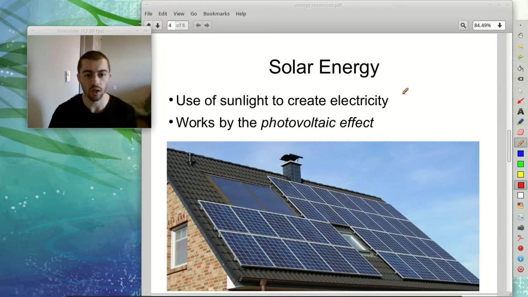Solar energy is energy that we produce from sunlight using these solar panels, which the effect here is called the photovoltaic effect, and basically it takes sunlight and in these panels, and they have certain types of materials, usually involving silicon, and the sunlight basically will create a current, and that's how we can get electricity. When the sunlight comes into these panels, it can bump some electrons and get them moving, and when you have a moving current, then you can produce electricity from that.